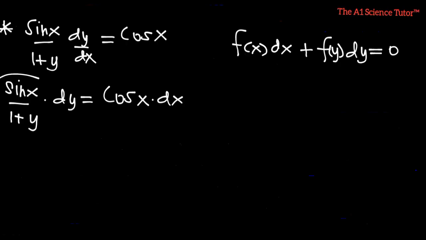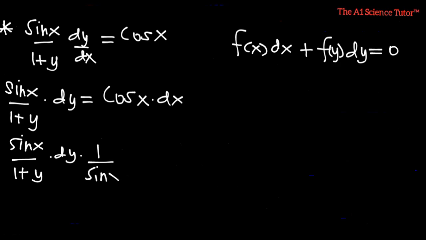Now next up, I need to eliminate this from the left and bring it to the right. So how am I going to do that? Basically, I could just take 1 over sine x and multiply it to both sides. So that will be sine x over 1 plus y dy multiplied by 1 over sine x.